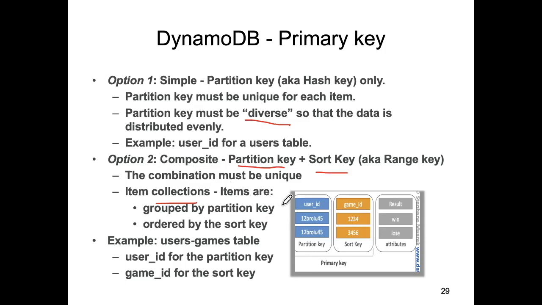But because a user can play multiple games, we're going to have multiple records or items in our table for a particular user. So the partition key, the user ID, on its own is not going to be sufficient for a primary key.